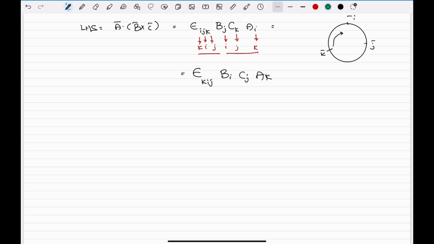This i is replaced by k, j is replaced by i, k is replaced by j, so that this is also positive ijk. Now we got this.